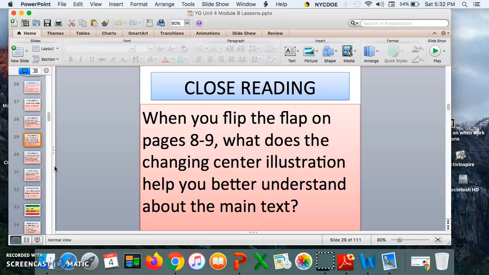If you look at the slides or the video of the text, you would notice that there are two slides for pages 8 to 9. On one, the flap is not flipped, but on the other slide, you flip the flap and then you see the answers to the questions being asked. If you want to go back just to look at those pages, then we're going to go over the answer for this question.